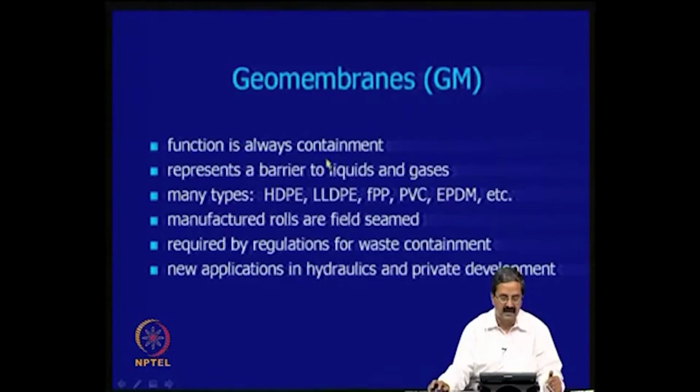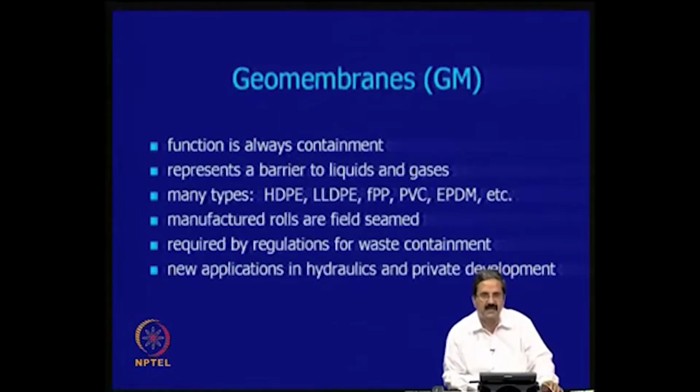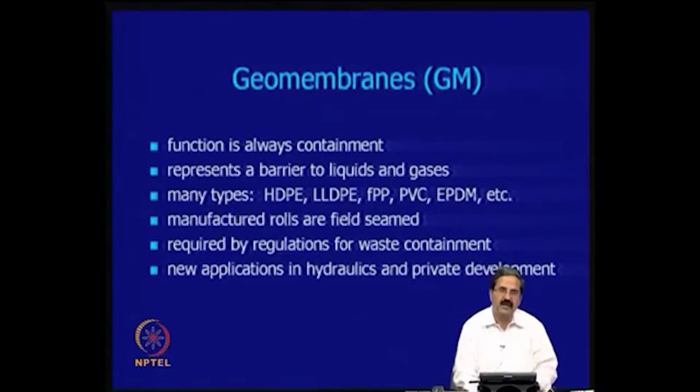Their advantage is that they contain whatever is placed behind them. For clays, the permeability is around 10 to the power of minus 7 centimeters per second, but these materials are almost impermeable, around 10 to the power of minus 13, which you cannot even measure in a conventional sense. You have to measure it using moisture vapor transmission, that is, how much vapor they can absorb and transmit through them.